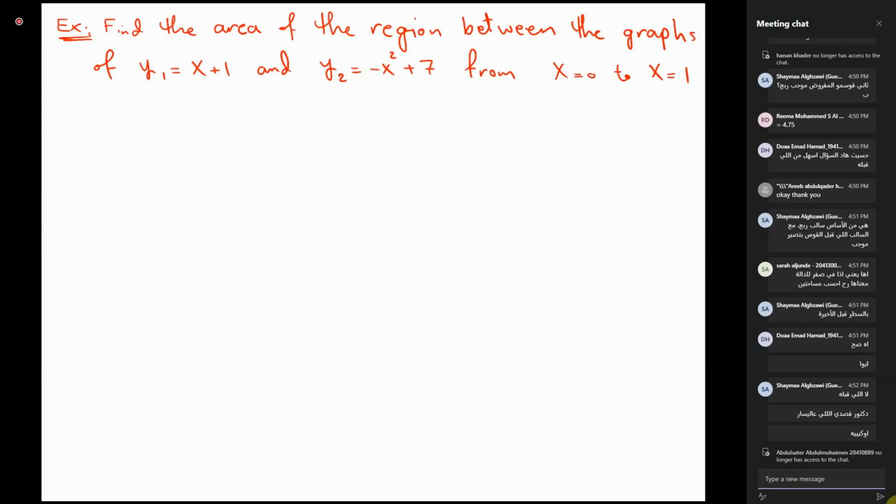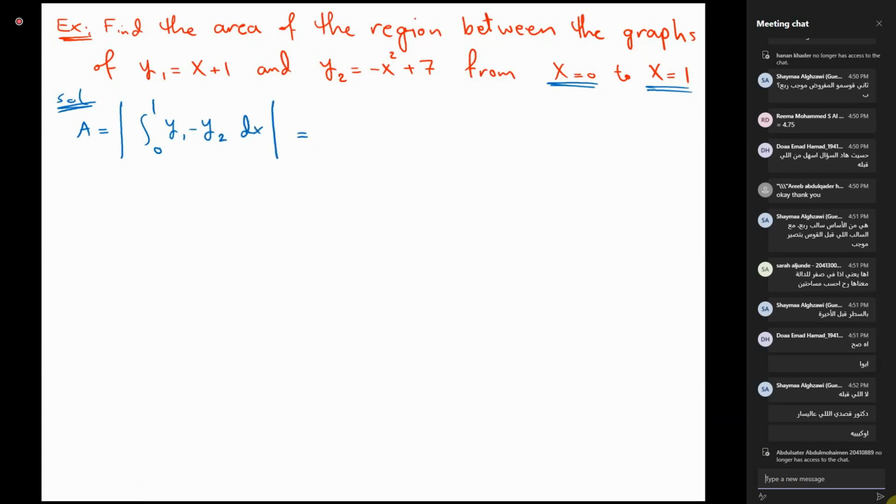Okay, if we have two graphs, the area equals the integral from 0 to 1, this is our interval, of y1 minus y2 dx.